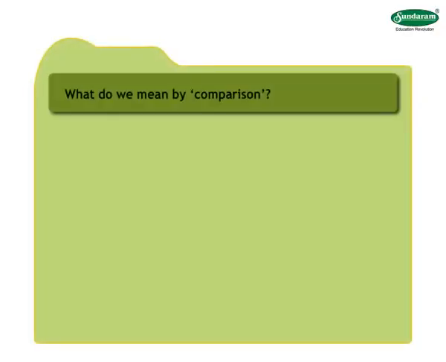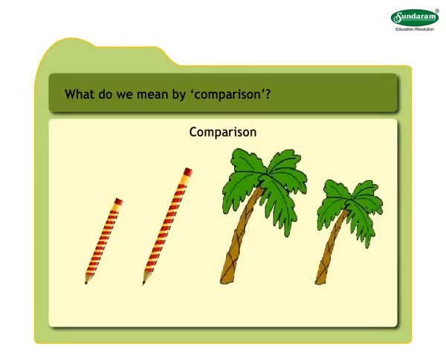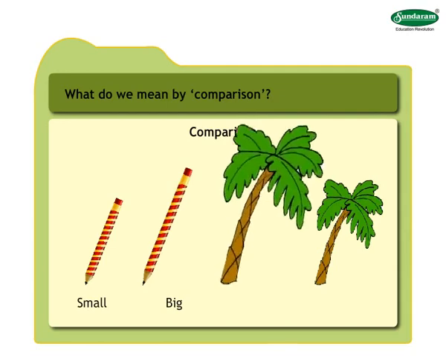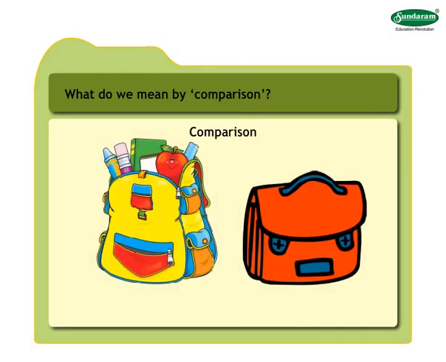What do we mean by comparison? Sometimes, when you look at two or more things, you automatically say that, for example, your pencil is small, my pencil is big, this is a tall tree, that is a short tree, my school bag is heavy, my brother's school bag is lighter in weight.